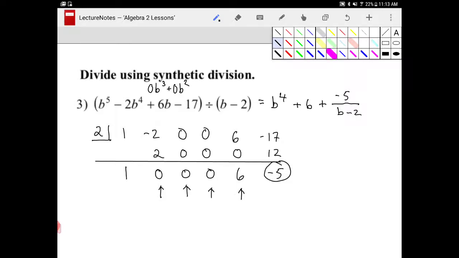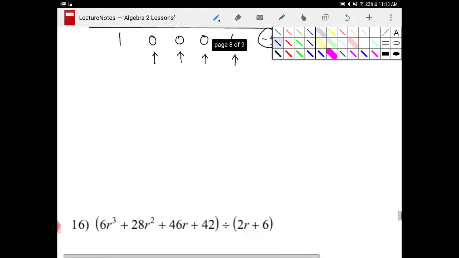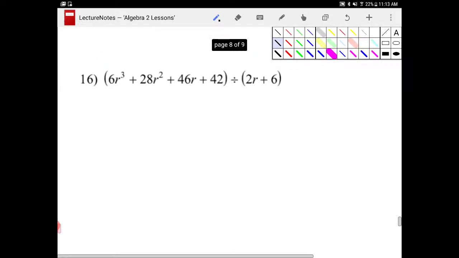All right, so moving on, let's try another example. I have this now, and if you notice, I have this leading coefficient there. We cannot use synthetic division if there's a leading coefficient here that's something other than 1. So we have to manipulate this.